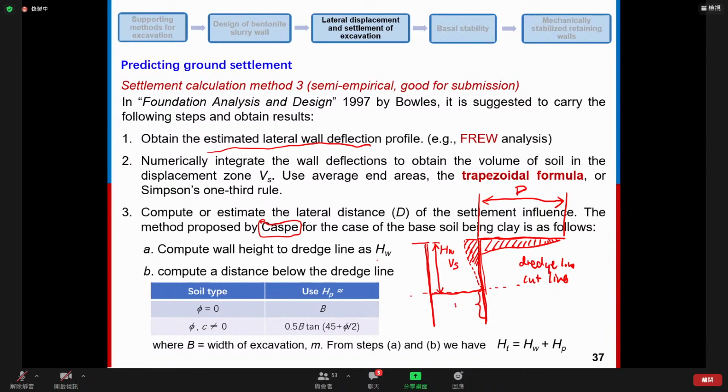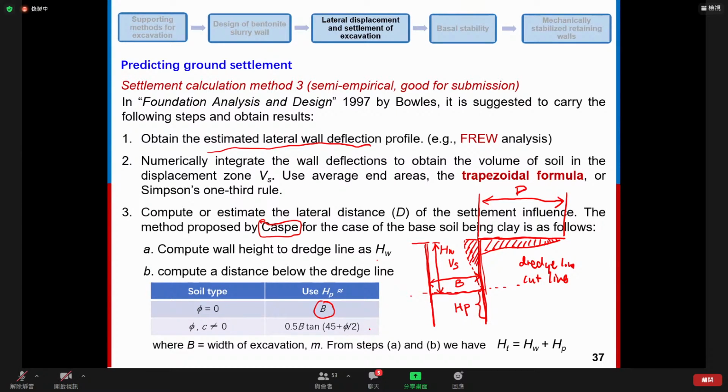This part we call HP. If it's clay and we don't consider the friction angle of the clay, then this distance HP equals B. B is the width of the excavation. This is B. Okay, so this is for the case that we don't consider the friction angle of the clay.